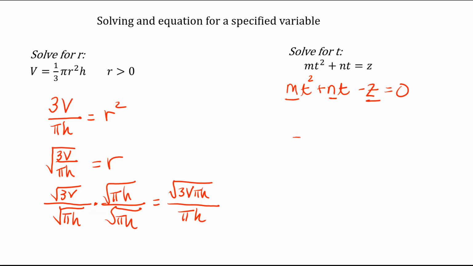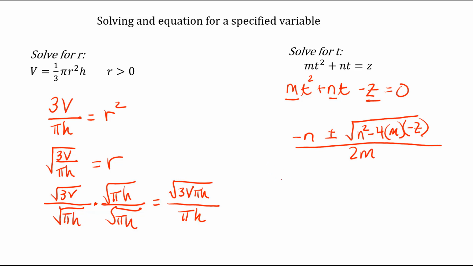So we have negative b plus or minus the square root of b squared minus 4ac all over 2a. So that's negative n plus or minus the square root of n squared plus 4mz all over 2m.